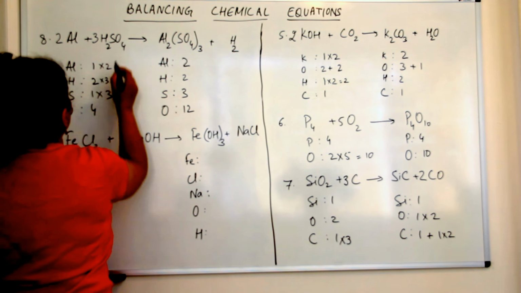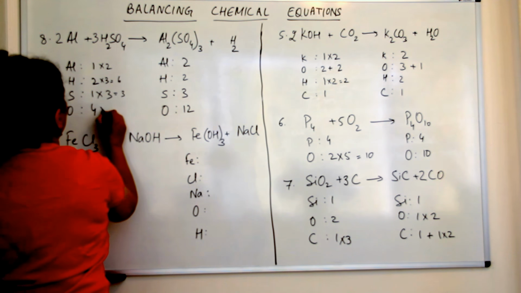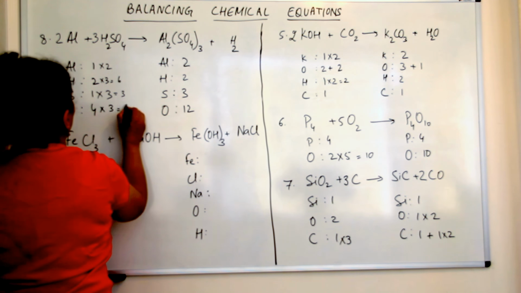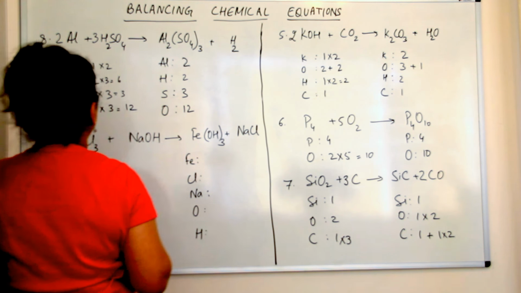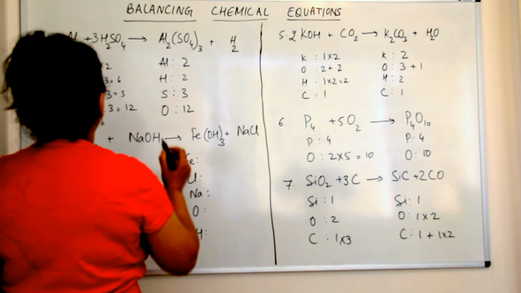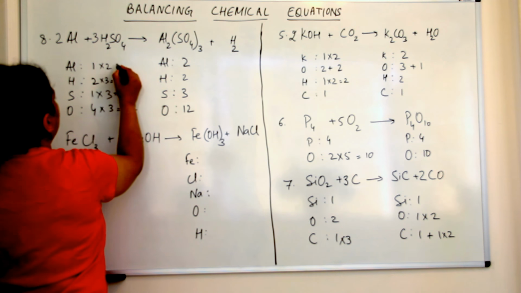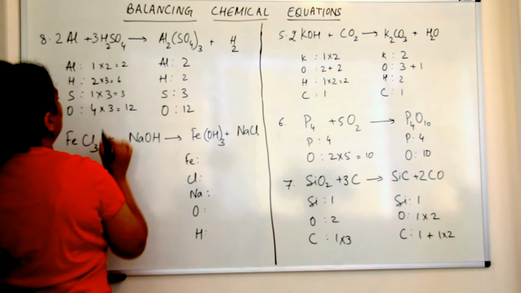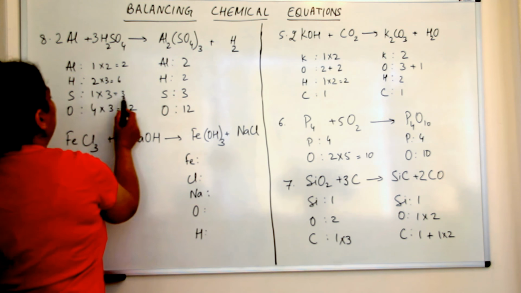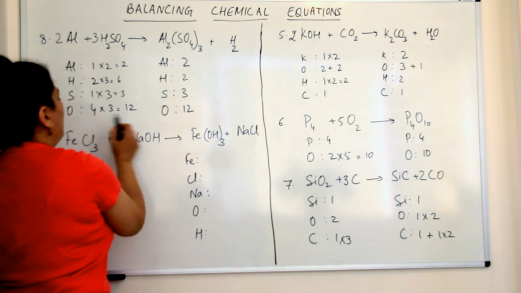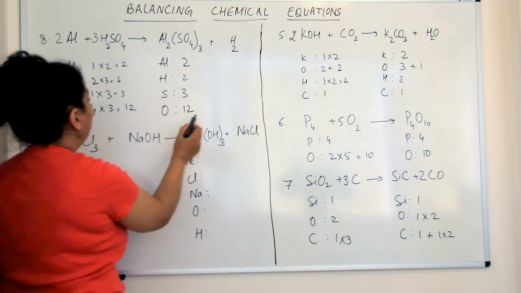And oxygens would be 4 3s are 12. Oxygens are balanced, look. Now hydrogen is unbalanced, all others are balanced. See? Now I got 2 aluminiums, 2 balanced. Sulfur 3 and 3 balanced. And oxygen is 12 and 12 balanced.